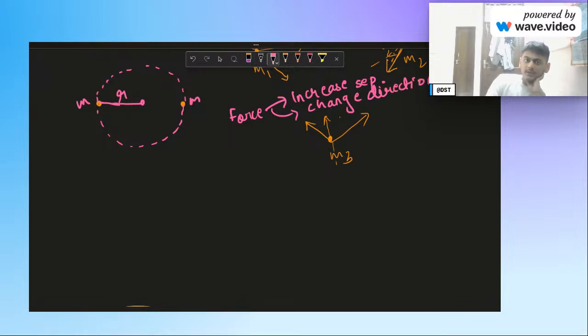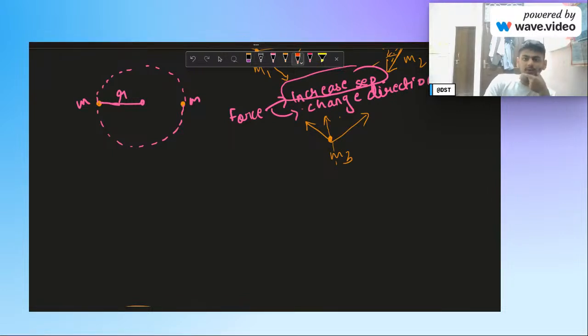Since both of these are moving in a circle, by symmetry we can say that they both will have the same velocities. Therefore, we can say that here the gravitational force is only doing the work of changing their direction and not increasing the separation. So the net gravitational force is equal to the net centripetal force.